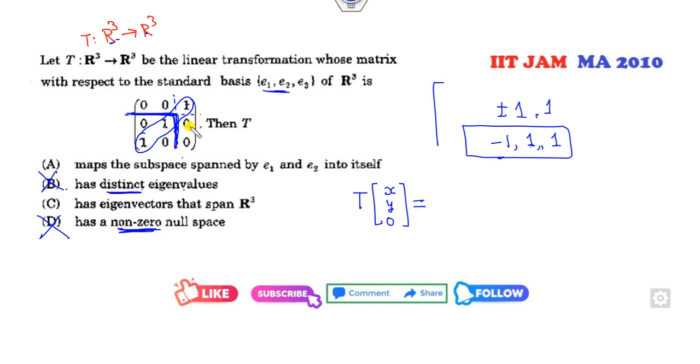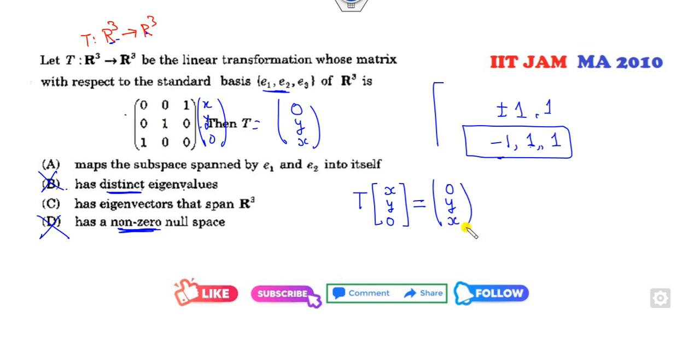So now if I multiply this by x, y and 0, what will happen? It will be 0, 0, 0, 0, y, 0, 0, x, 0. So that means 0, y, x. Fine. So which space is it? The x plane, y plane.